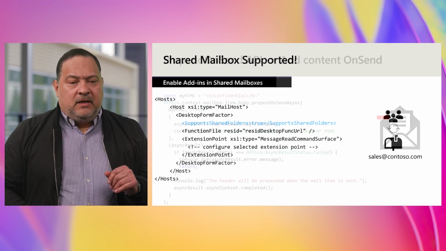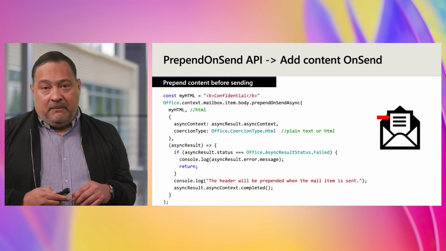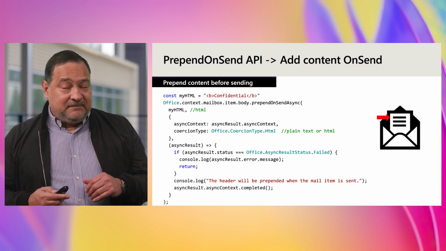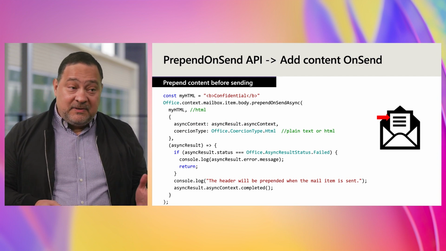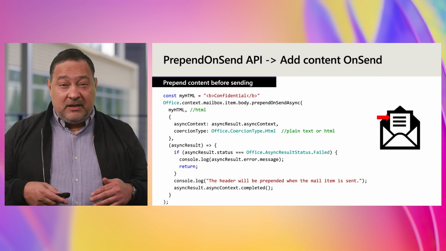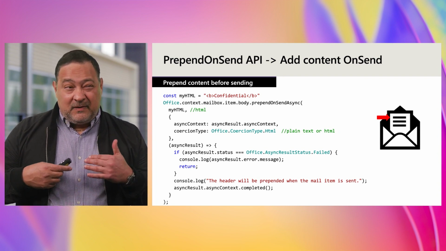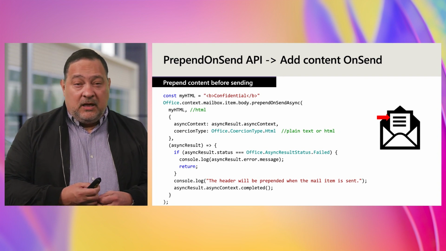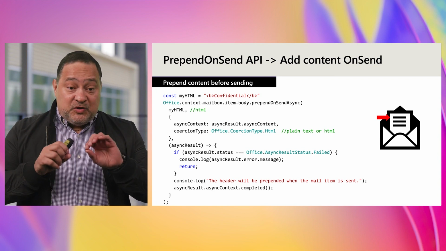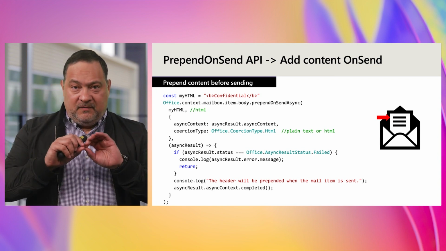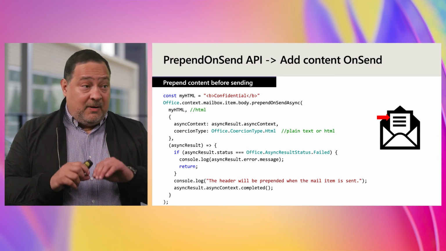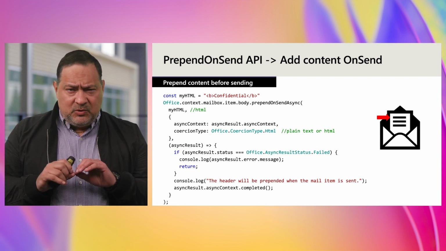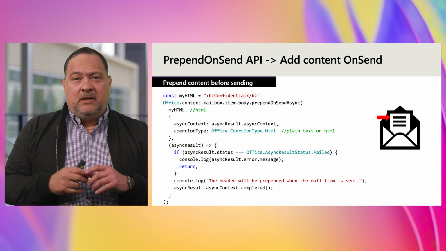All right? We are also adding a new API that is called prepend on send. The idea about this API is that in some scenarios, specifically scenarios in the security space, like classification of emails, you need to add the classification at the top of an email, or maybe you want to add some specific instructions, but you need it to be at the top of the email.